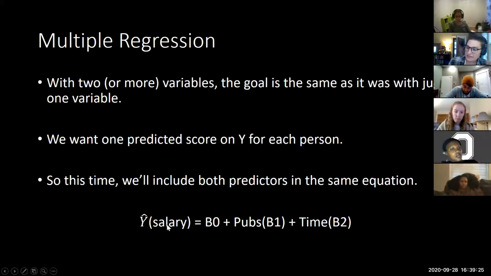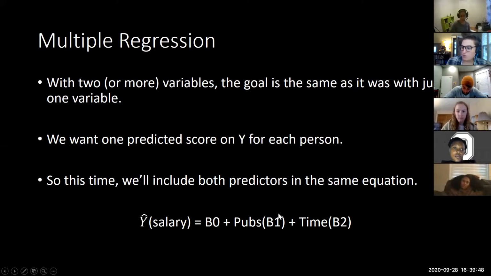Our y hat for salary is equal to our constant, our B0 or our y-intercept, plus the number of publications times our B weight for the number of publications, B1, plus the coefficient associated with time, which is B2, times the value of time, or number of years of experience.